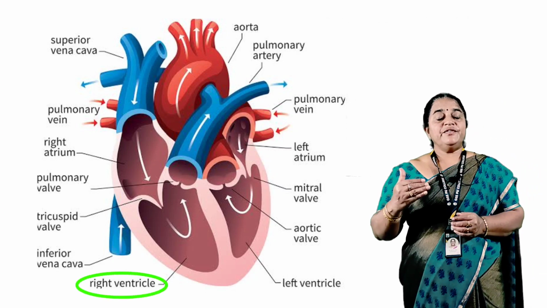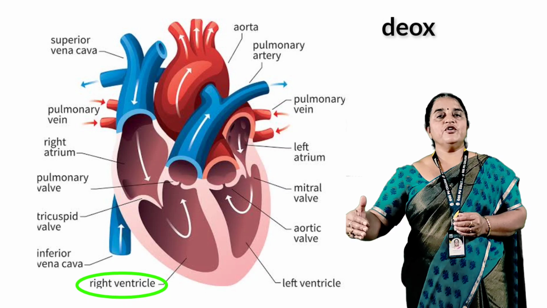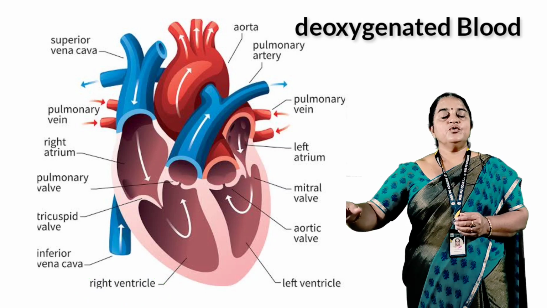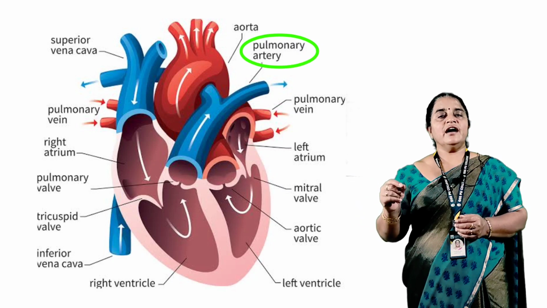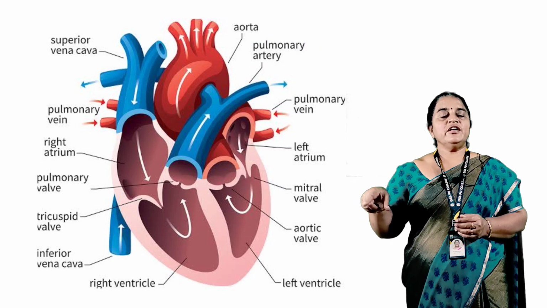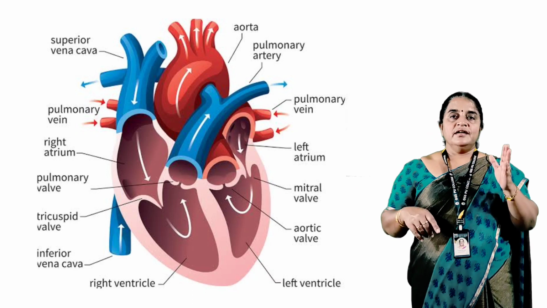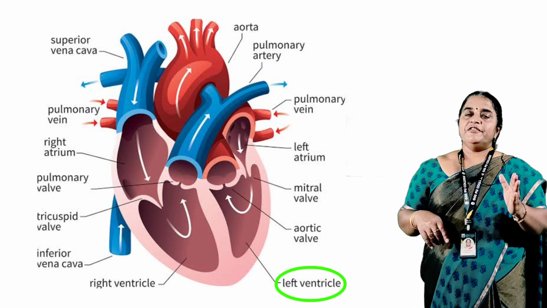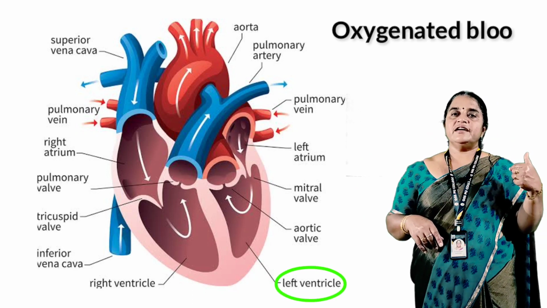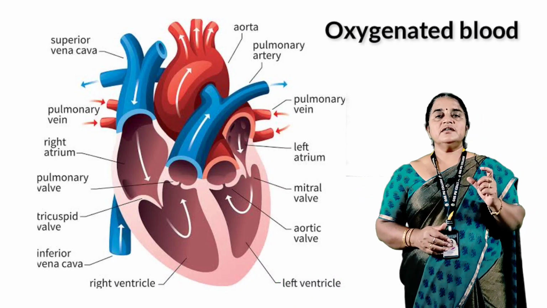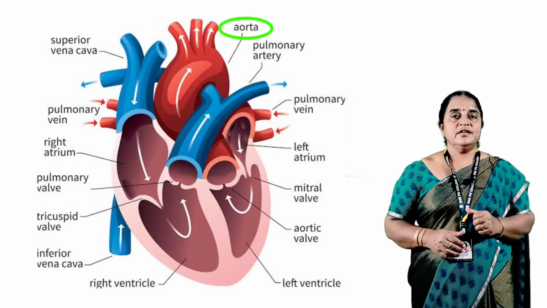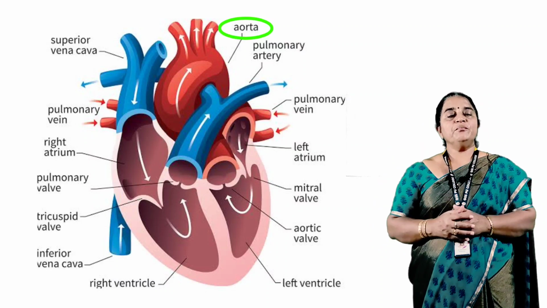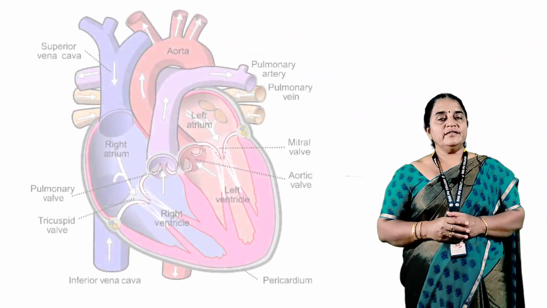Now, the right ventricle distributes deoxygenated blood towards the lungs by the pulmonary artery. This is the only artery which distributes deoxygenated blood. At the same time, the left ventricle distributes oxygenated blood to all body parts through the largest blood vessel, known as the aorta. So let us consider the five major blood vessels one by one.